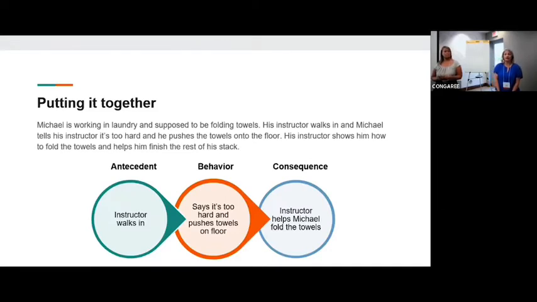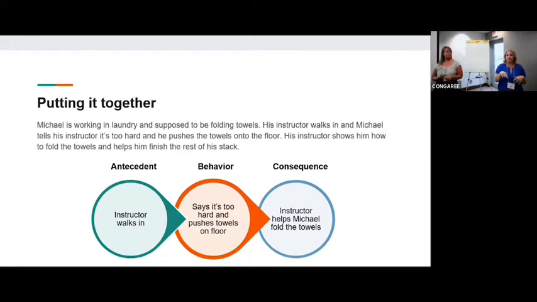Sure, definitely. And that's why we have to look at the function, because if it was just a skill deficit, then he just needed to be taught, that's all. Let's say he does know how to do this, and he just really hates it. He doesn't want to be folding the towels.